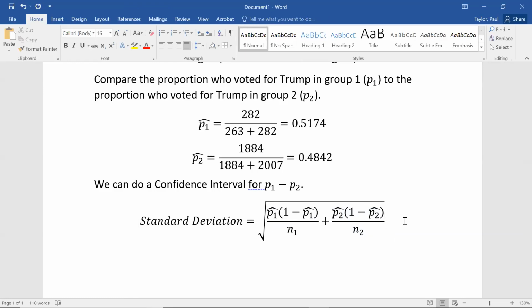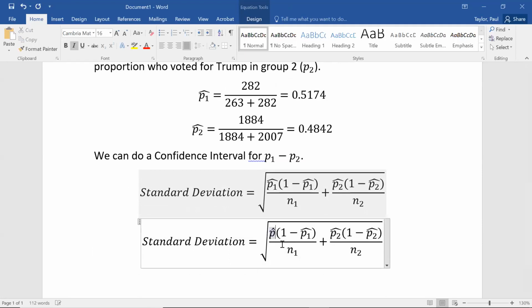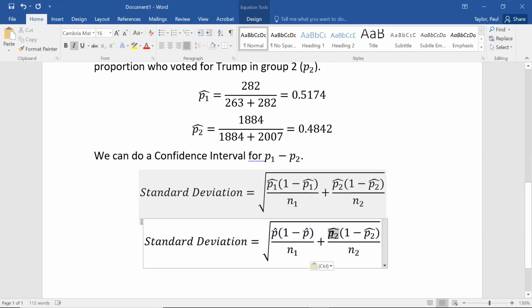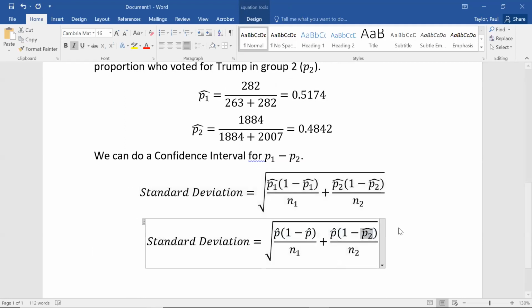Now actually there's two different versions of standard deviation. One that looks just like that, and then another that looks similar, except there's just a P hat there.